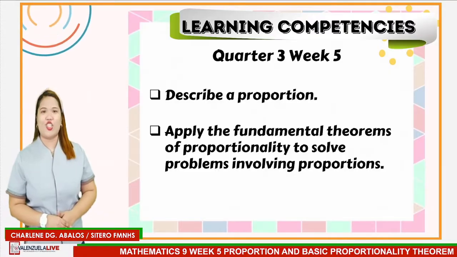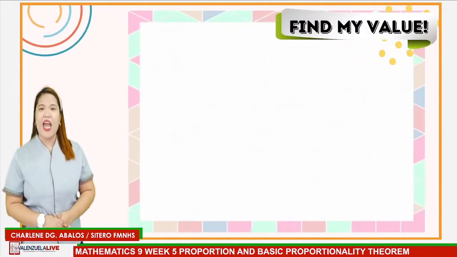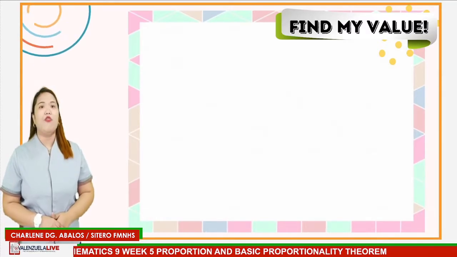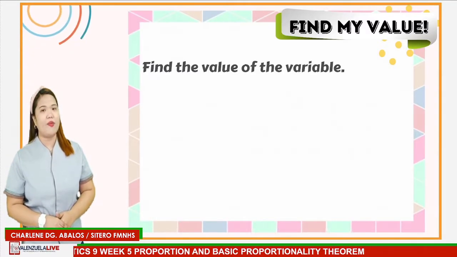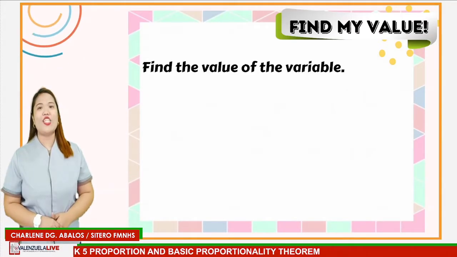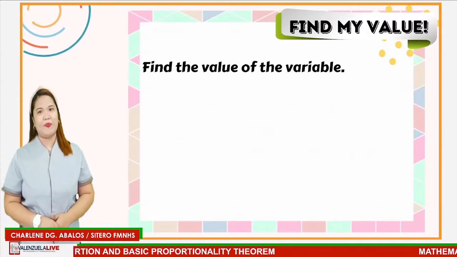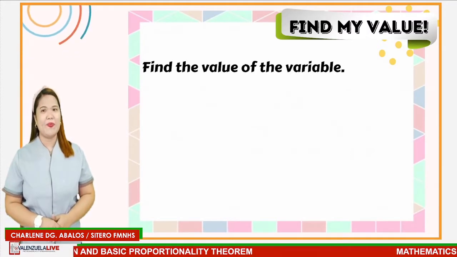Let's start our discussion by having this activity entitled Find My Value. Find the value of the unknown variable of the given mathematical sentence. You just have to click the reactions corresponding to your answers. Are you ready?